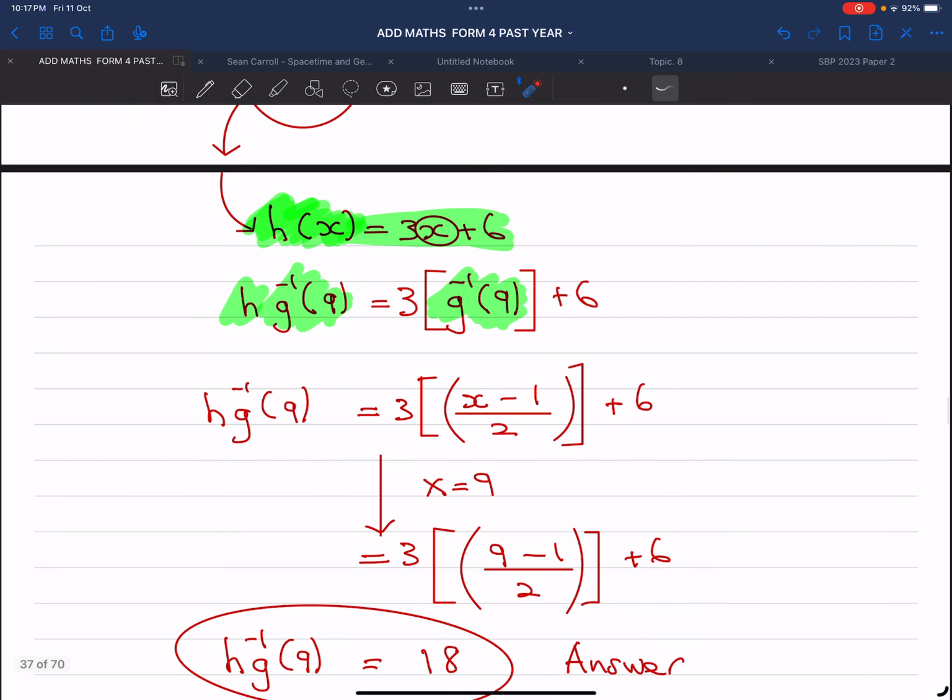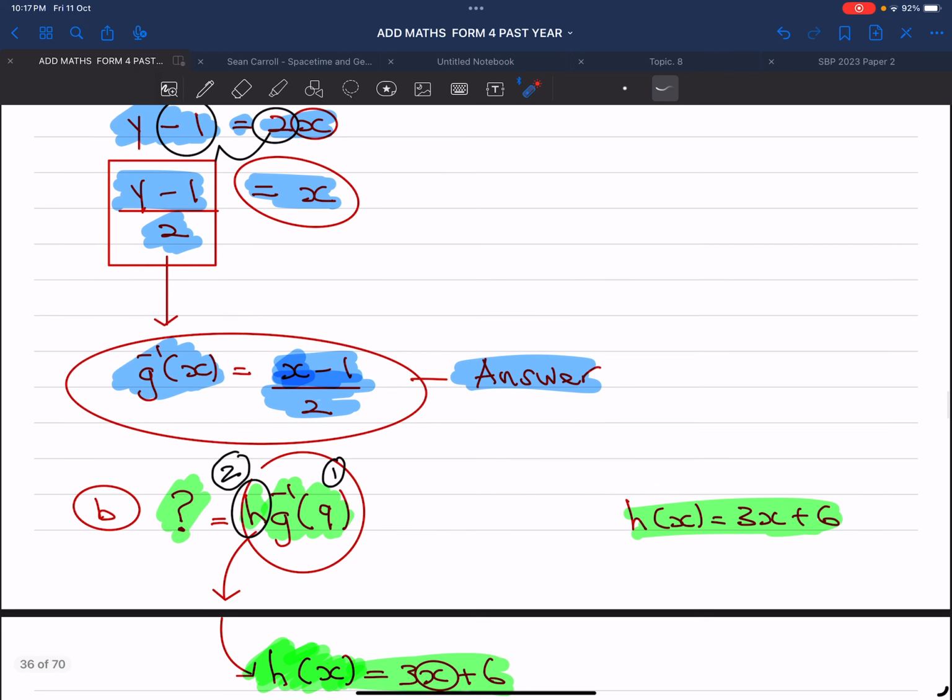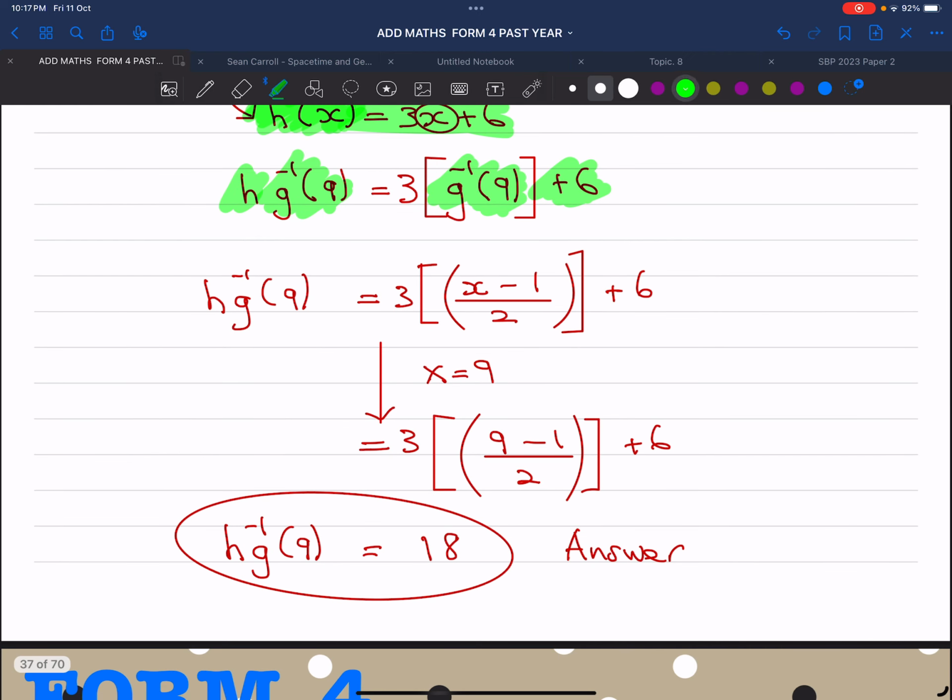Next, now we are going to replace the g inverse which we got from the first part. The g inverse is x minus 1 over 2. So I replace g inverse only with x minus 1 over 2.